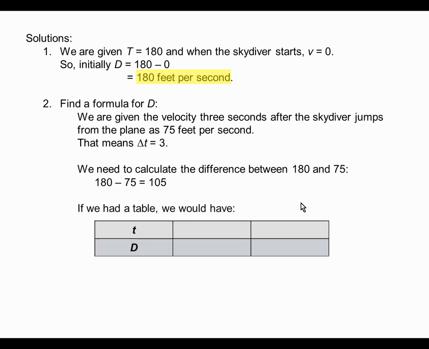I've got my t and my d, for 2 values, 0 and 3 seconds later. This was the initial d, 180, and here is the d for 3 seconds. So I have 0, 180, and 3, 105.